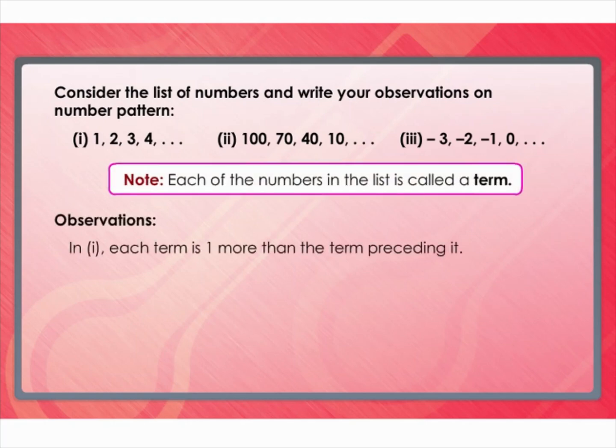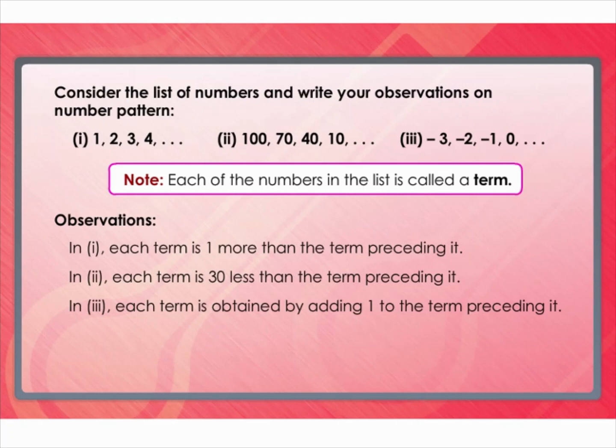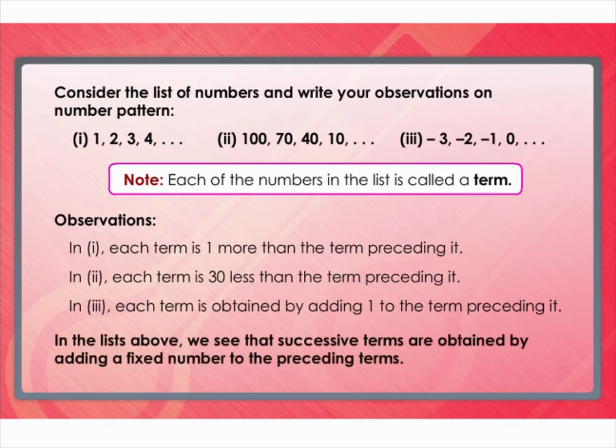In 1, each term is one more than the term preceding it. In 2, each term is 30 less than the term preceding it. In 3, each term is obtained by adding 1 to the term preceding it. In all the lists above, we see that successive terms are obtained by adding a fixed number to the preceding terms.